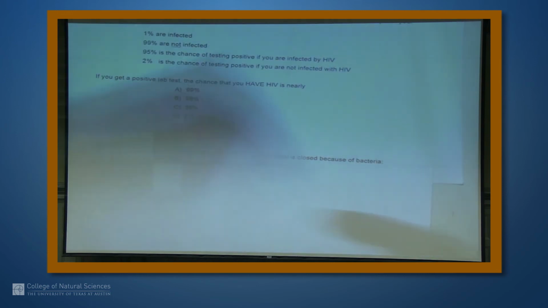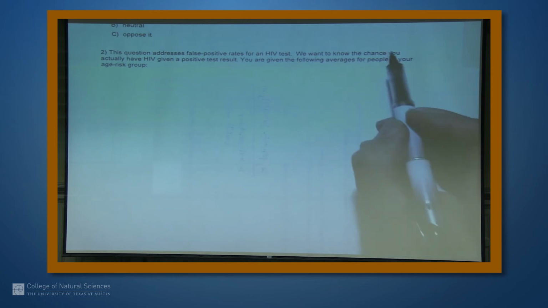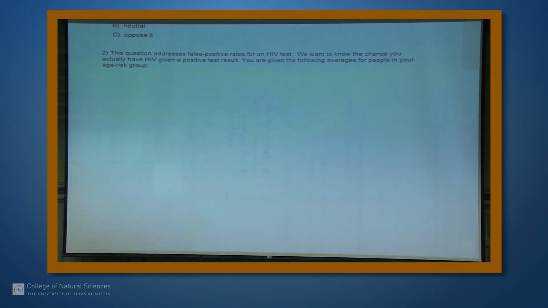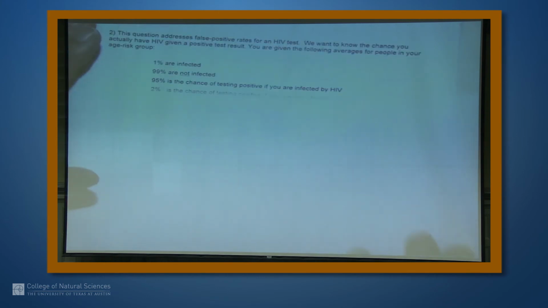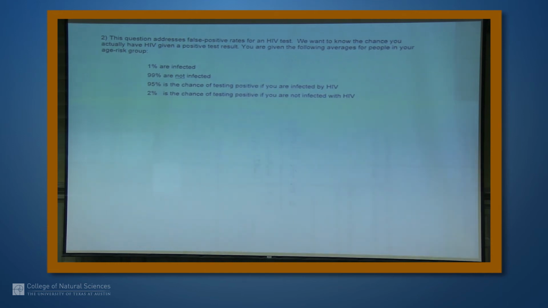Questionnaire X. So it has to do with false positive rates for any kind of test you want. We want to know the chance you actually have HIV given a positive test result. You're given the following averages for people in your age and risk group. 1% of them are infected, 99% are not infected. 95% is the chance of testing positive if you are infected by HIV. 2% is the chance of testing positive if you are not infected with HIV.